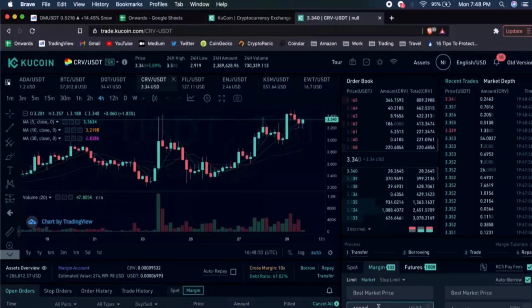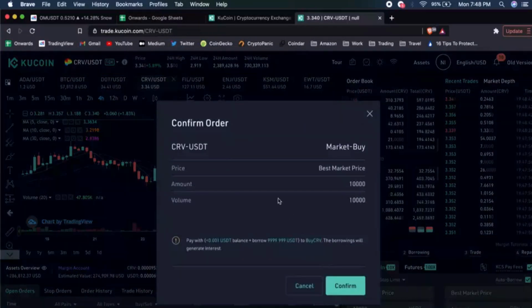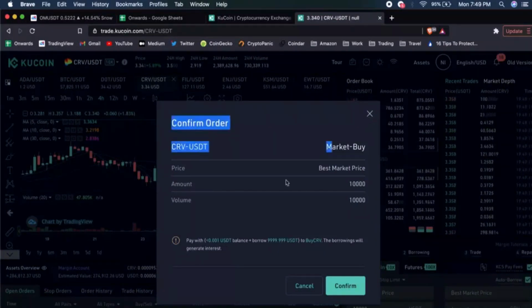So I actually couldn't do this right now, but assuming I did, if I put 10,000 here, I would need 1,000 in my account to open this, and on a 10x, it would open a $10,000 position, okay? If I click buy here, it's going to show you pay with your 1 cent, because I don't have anything obviously, and borrow 9,999, and I can confirm that. Of course that's more than 10x, so that wouldn't work. But if I had 1,000, it would say pay with the 1,000 and borrow 9,000, right?